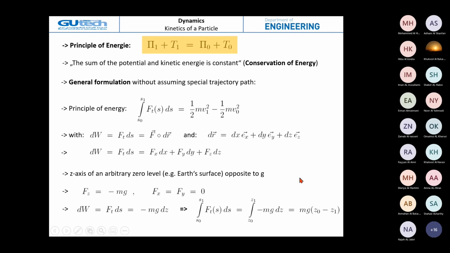This means it's only a matter of choosing the zero level. We will see this in more detail in some practical problem.